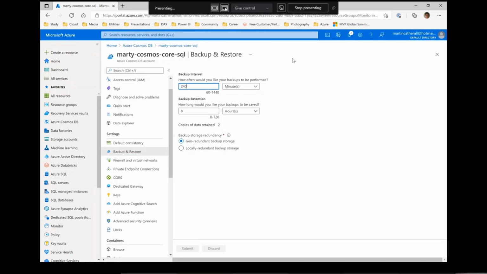Now, if you want to restore, you might be looking at me and going, how do we restore? Well, you're going to have to pick up the phone and call Microsoft, provide them with a whole load of details and ask them for a restore. So you want to safeguard your data very, very well if you're looking at Cosmos DB.